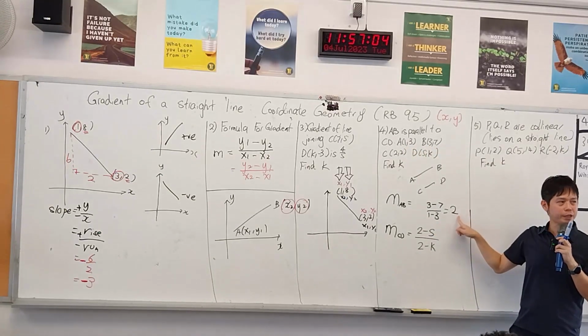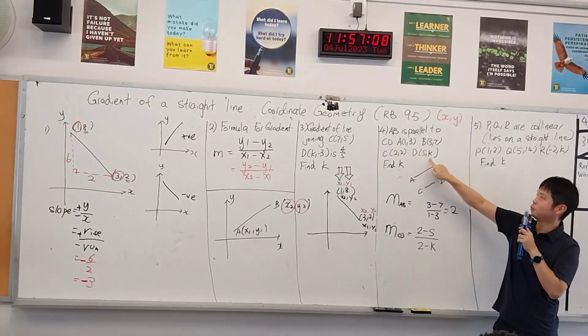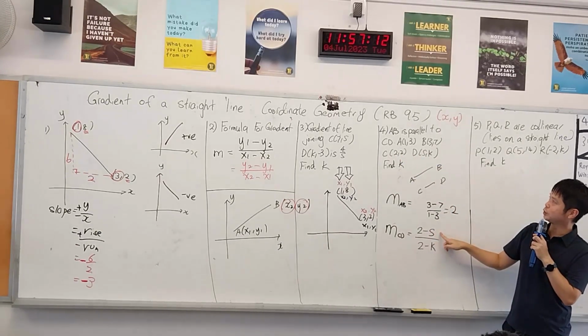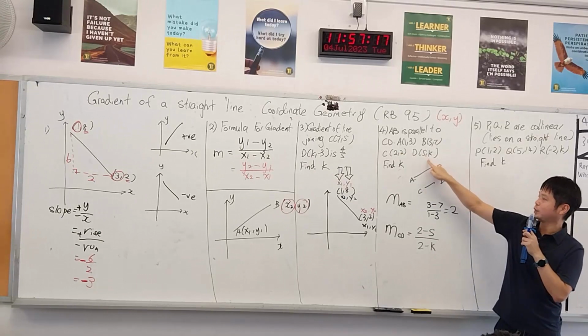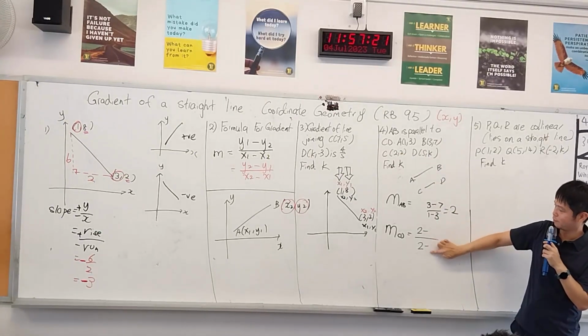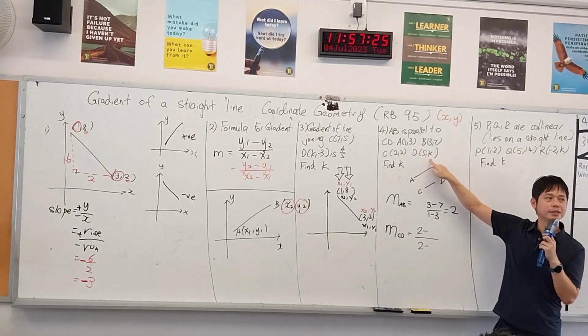So that's the gradient of AB. Now the gradient of CD will be y1 minus y2. Okay, so this should not be a 5, right? So what should it be? y1 minus y2. We keep making this same mistake, right?